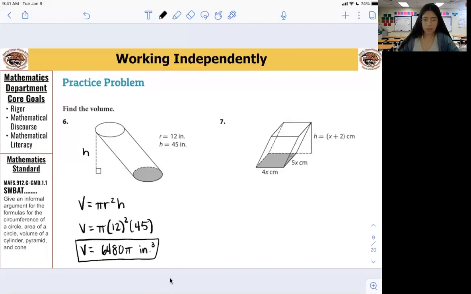Good. All right. And then finally, we have one over here that instead of just values, it's going to have a little bit of variables, a little bit of algebra. So let's see what this one looks like. First of all, what would be my formula? It's an oblique prism.